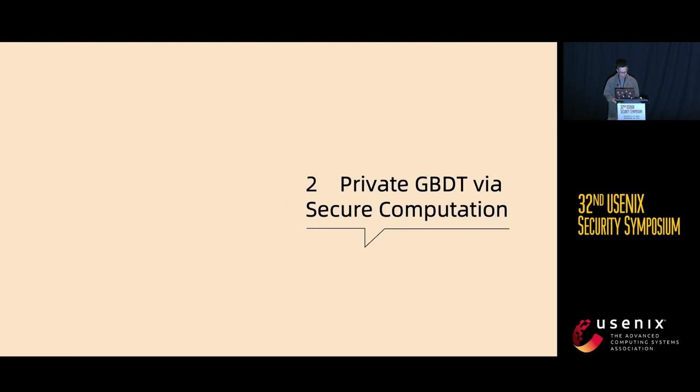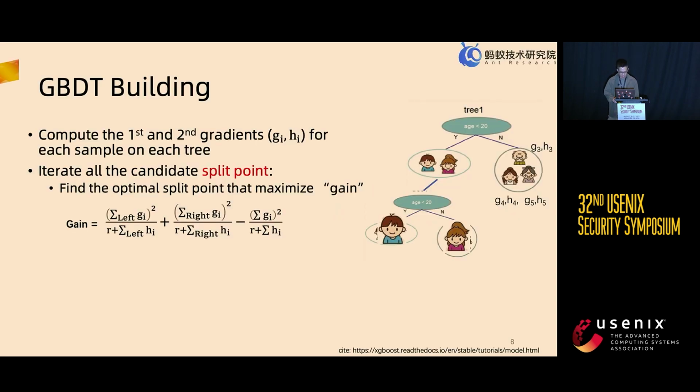Okay, we come to private gradient boosting tree using secure multi-party computation. Let's go a little bit deeper into the GBDT building. To build a tree, we first need to compute the gradient information, the first and second order gradients. And we have to split the tree nodes one by one.